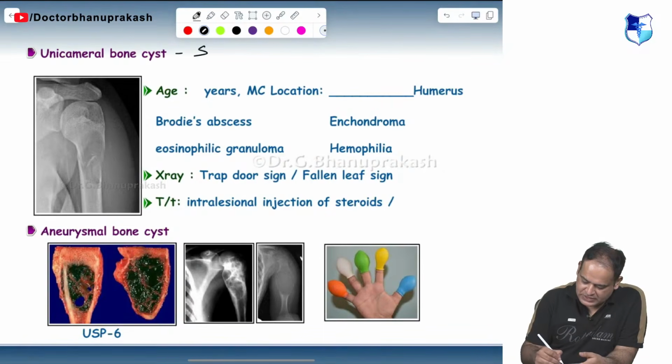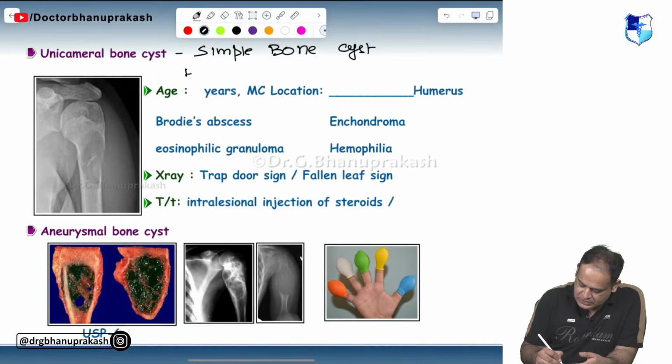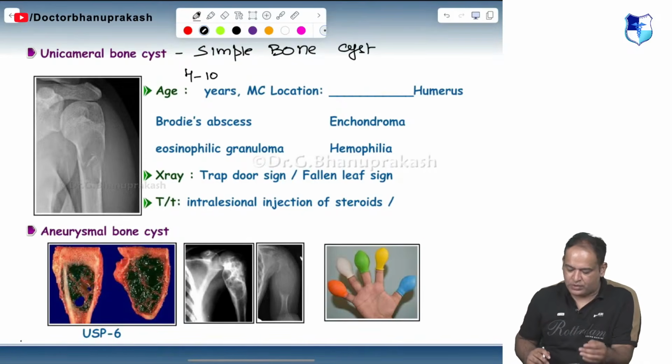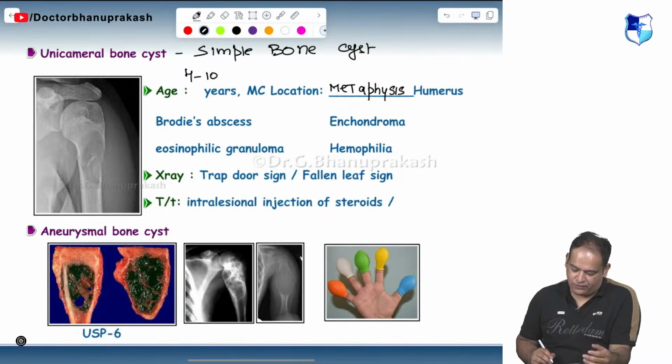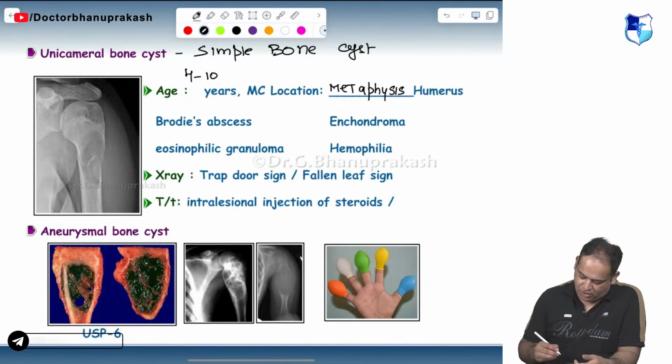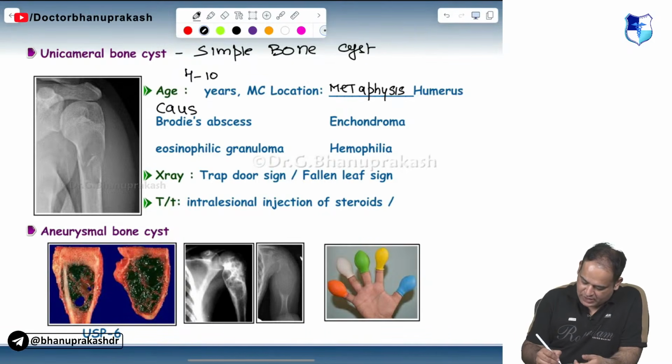Unicameral bone cyst, also called as simple bone cyst. It is seen between 4 to 10 years of age. The most common location, metaphysis of humerus. And what are the causes? Brodie's abscess is an osteomyelitis caused by Staph aureus.